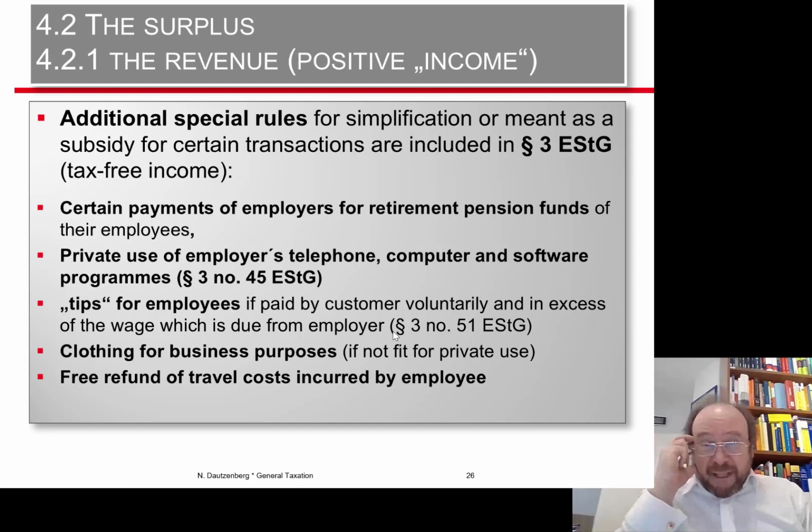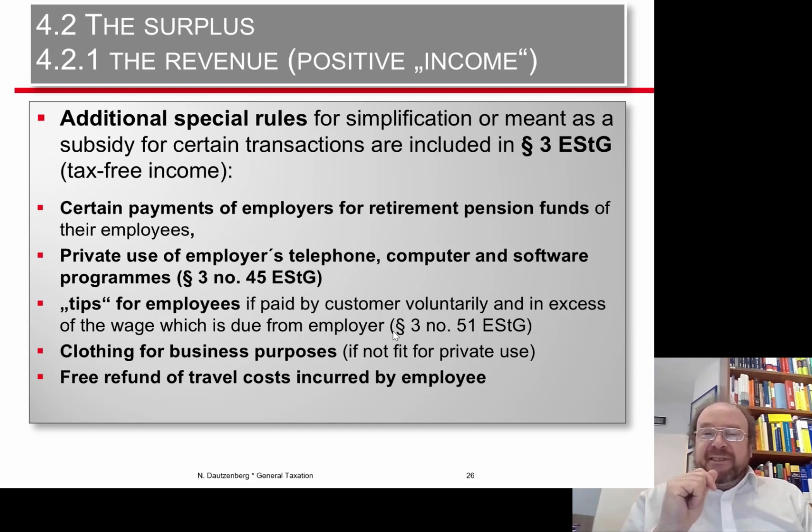Sometimes you also have additional rules for simplification reasons, or sometimes even to subsidize certain behavior from employers towards employees, in order to give them an incentive to do something which is socially favored. Such tax-free income is then listed in paragraph 3 EStG. For example, if your employer subsidizes a retirement pension fund for an employee.